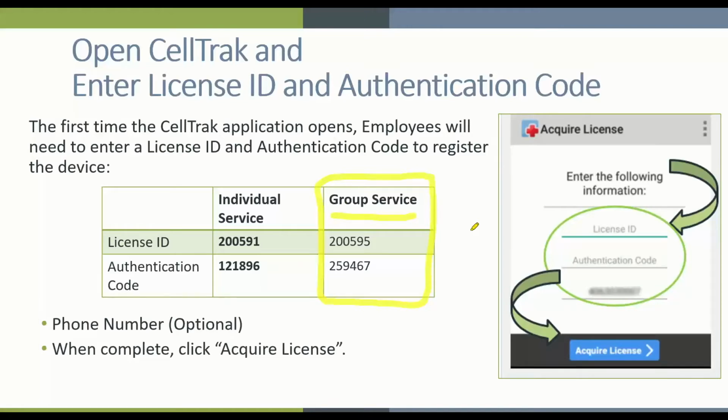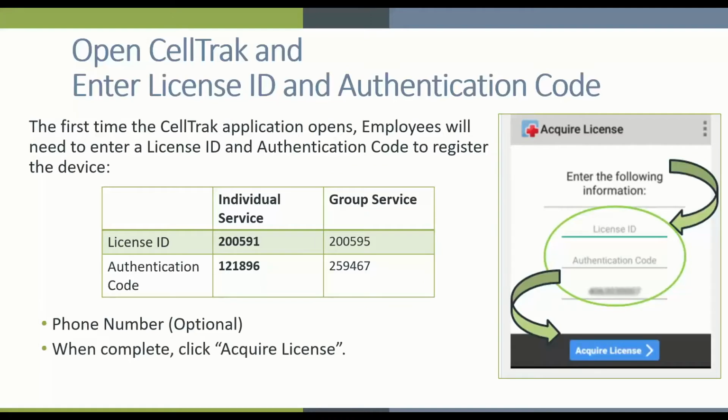The group service license ID is 200595. And the group service authentication code is 259467.